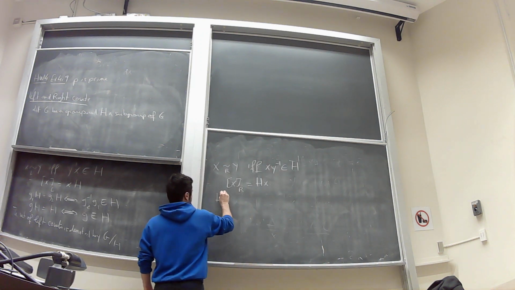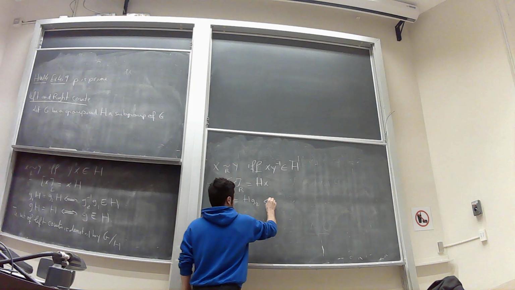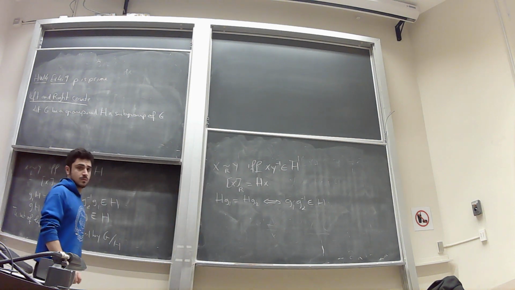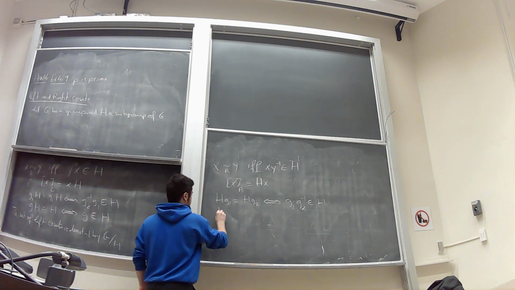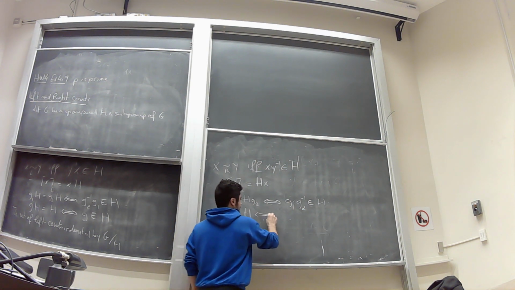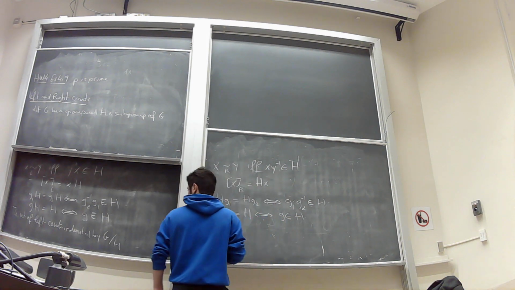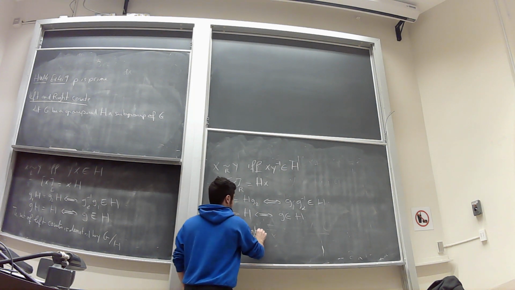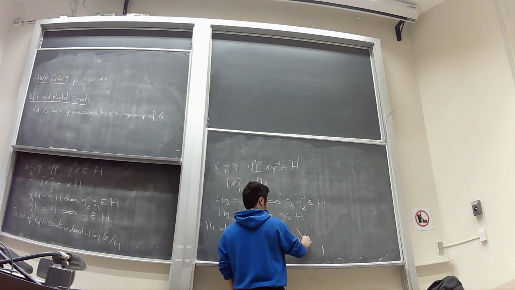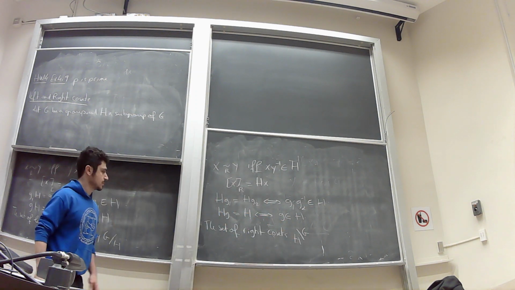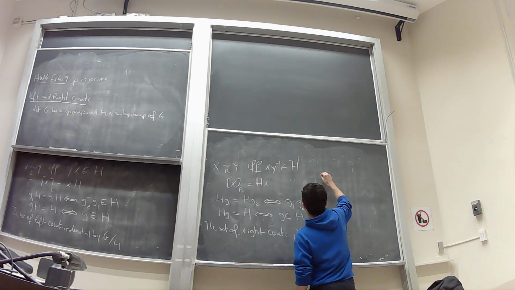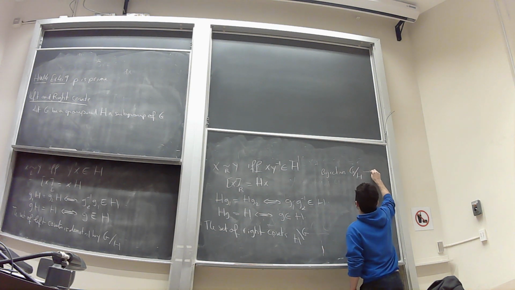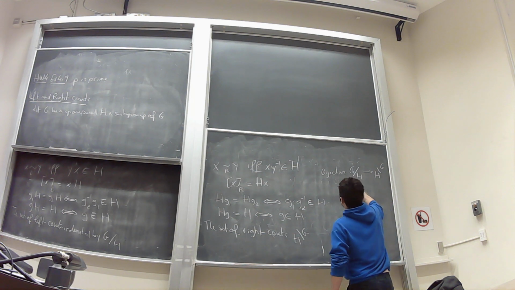And we have that Hg1 is equal to Hg2 if and only if g1 g2 inverse belongs to H. Then Hg is equal to H if and only if g belongs to H. The set of right cosets is denoted by H modulo G. And we know that there exists a bijection from G mod H to H mod G. It's a well-defined bijection.